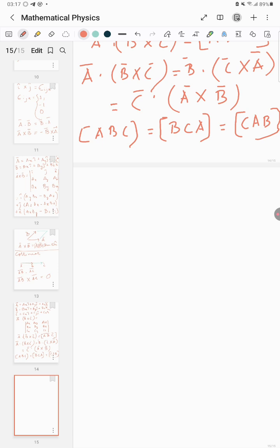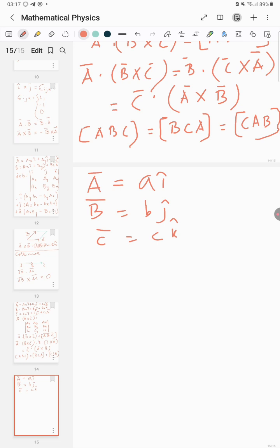So what does A dot B cross C give? Let us look into it. For example, let us consider a parallelepiped whose A is A i cap, B is B j cap, and C is C k cap.